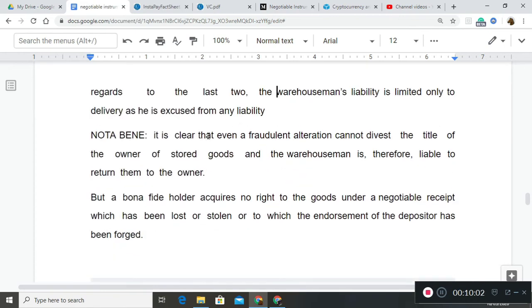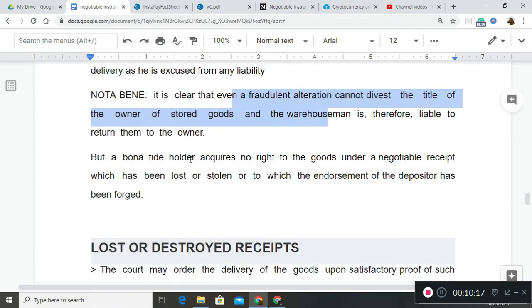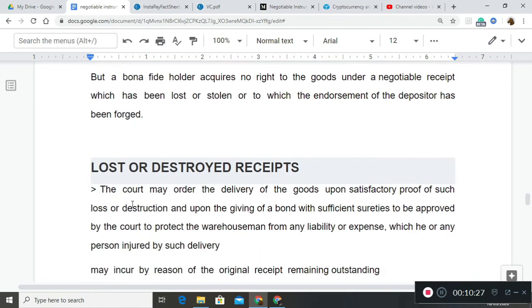So note that even a fraudulent alteration cannot divest the owner of title to the stored goods, and the warehouseman is therefore liable to return them to the owner. But a bona fide holder acquires no right to the goods under a negotiable receipt which has been lost or stolen, or to which the endorsement of the depositor has been forged.